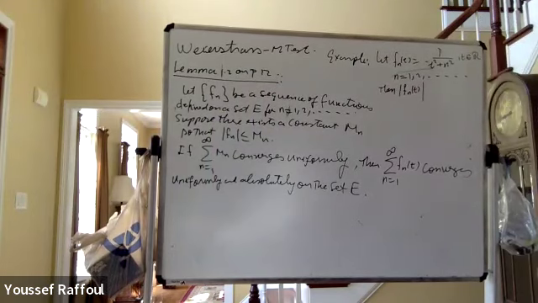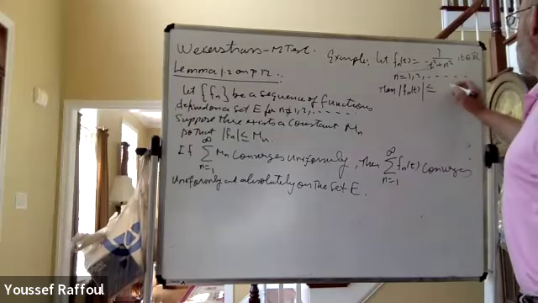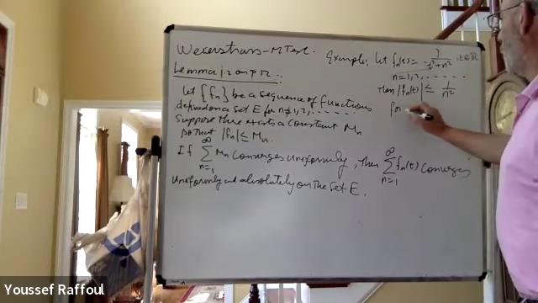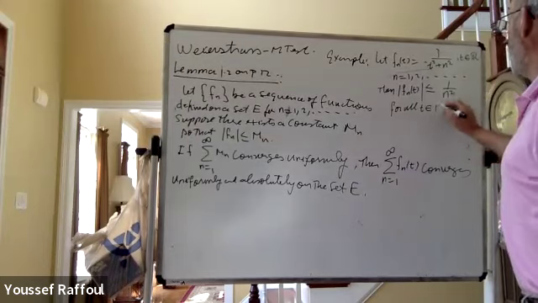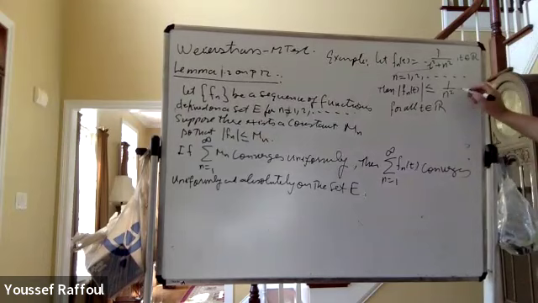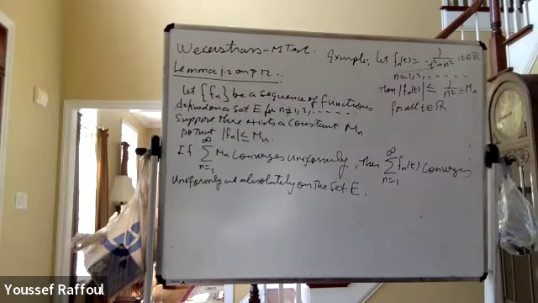I can take it to be positive, but it really doesn't matter here. The absolute value of Fn of t is less or equal to 1 over n squared for all t belonging to the reals, correct? So this is your Mn. That is your Mn. You see that?